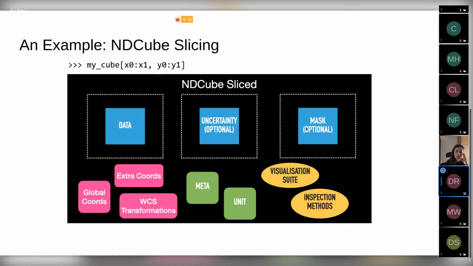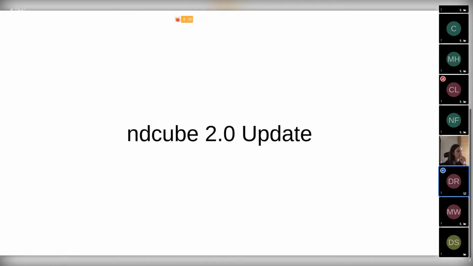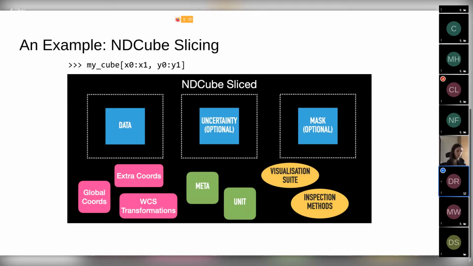So instead of slicing all our uncertainties and our masks and all the rest, and changing our coordinate transformations, for example, we can just slice an ndcube object by employing the standard Python slicing API, and that filters down and slices all the arrays and alters your coordinate transformations accordingly. So that's a very quick benefit of this kind of data model. Any questions on that so far?